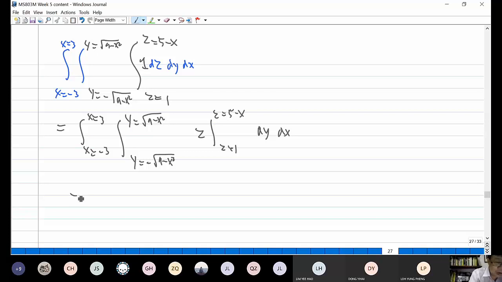So this actually, one step, x from minus 3 to 3, y equal to minus square root of 9 minus x squared to y equal to square root of 9 minus x squared now. And now this one is 5 minus x minus 1, which is 4 minus x.